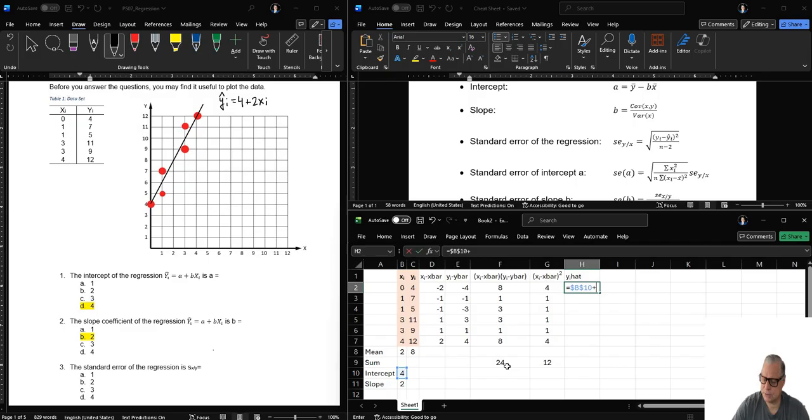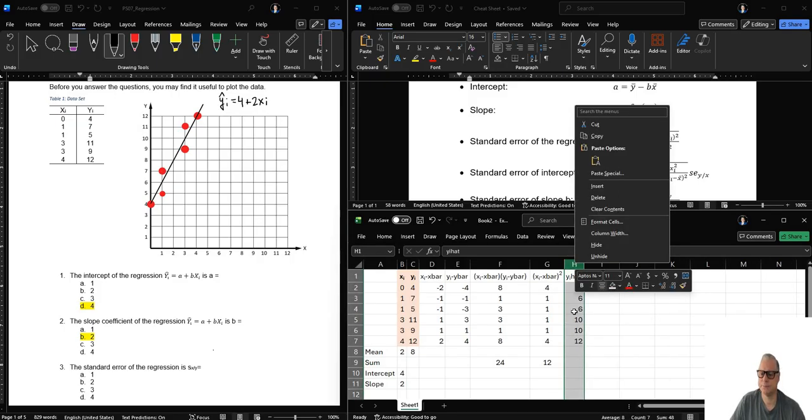So plus 2 F4 times xi and copy it down, and let's maybe center it.